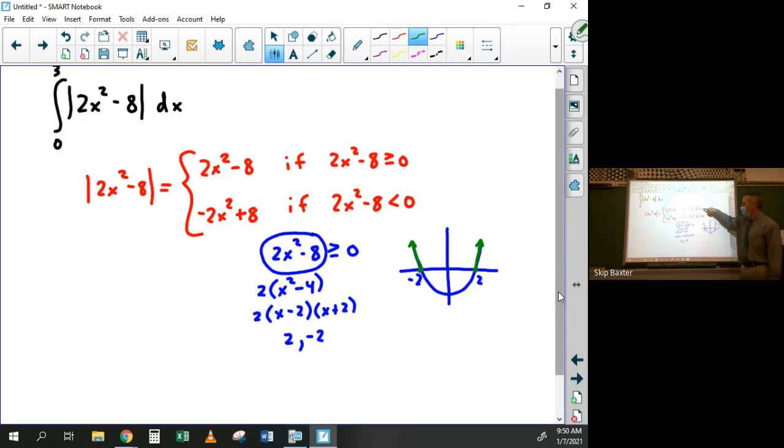So this interval right here, 2x squared minus 8 is greater than or equal to 0, really corresponds to x less than or equal to negative 2, or x greater than or equal to 2. This interval right here, 2x squared minus 8 is less than 0, that really corresponds to numbers that are between negative 2 and 2.